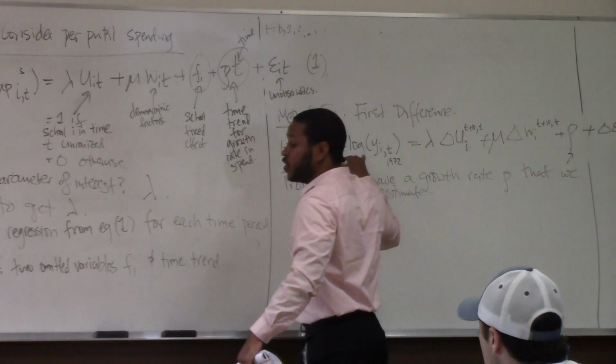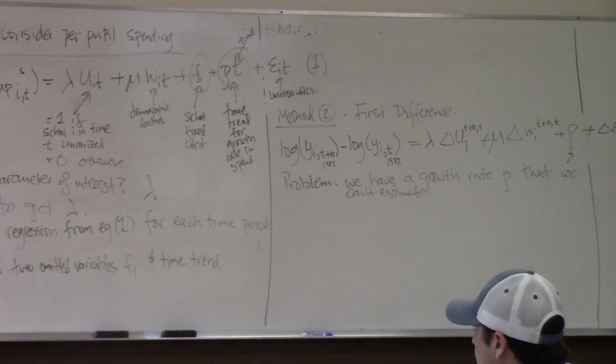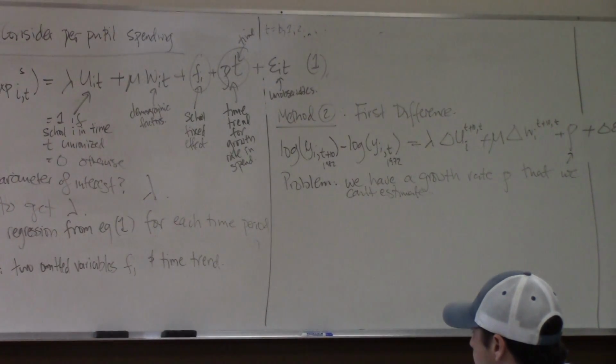So we have this difference between 1972 to 1982. We can also compute a difference between 1982 and 1992. And between those 2 periods, 1982 to 1992, we're going to also experience a growth rate of rho. And so when we subtract those 2 differences, we're going to get rid of this growth term here. Does everyone, let me say it in words.